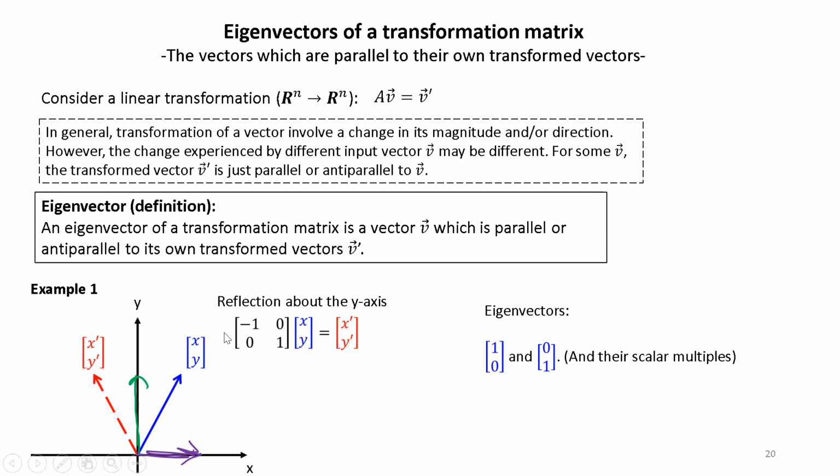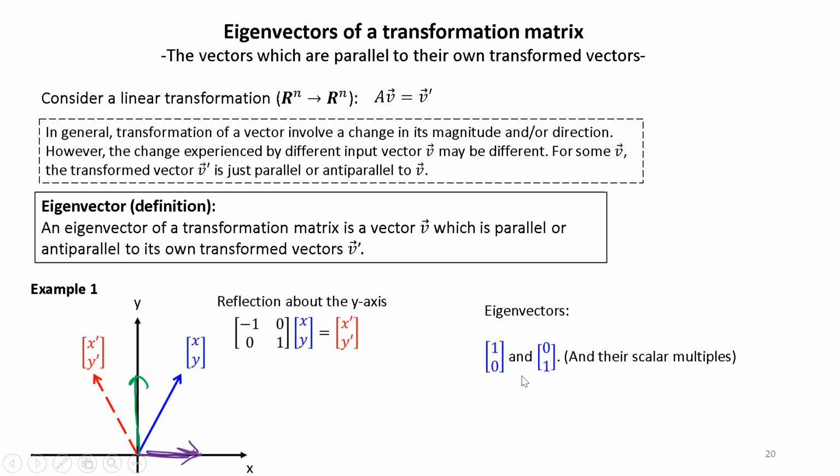So in this case, 1, 0 and 0, 1 are two eigenvectors of this reflection matrix. Of course, you can say that 2, 0 is also an eigenvector, 3, 0 also. Similarly, 0, 1 or 0, 2, 0, 3, 0, 4 are also eigenvectors. But at the end of the day, I will say that it's 1, 0 and 0, 1 and their scalar multiples.